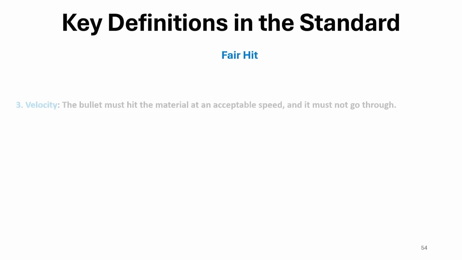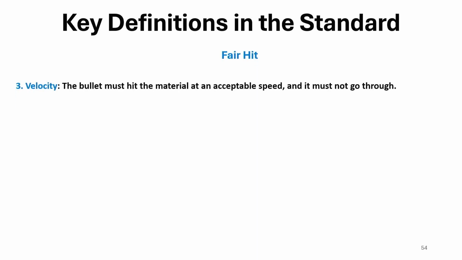Now, the third fair hit condition is the velocity. We have to select the velocity in such a fashion that the bullet must hit the material at an acceptable speed. The speed should not be so high that it goes through the test specimen.